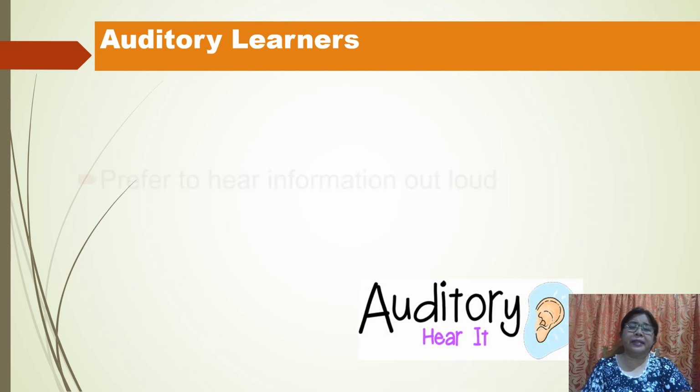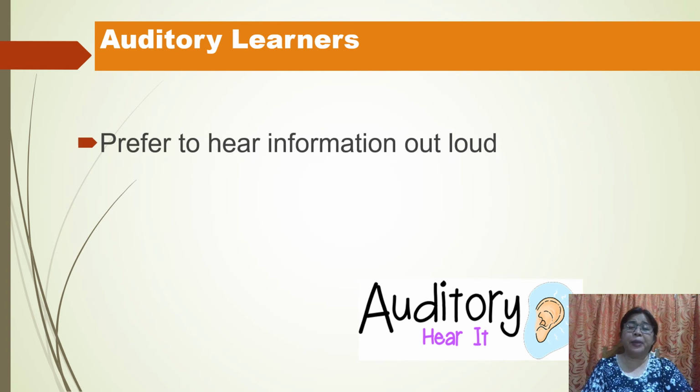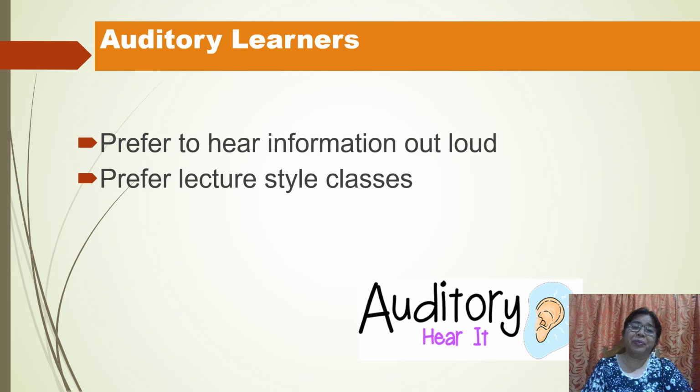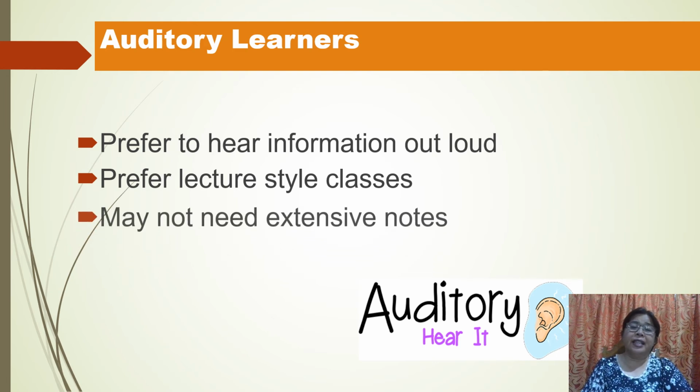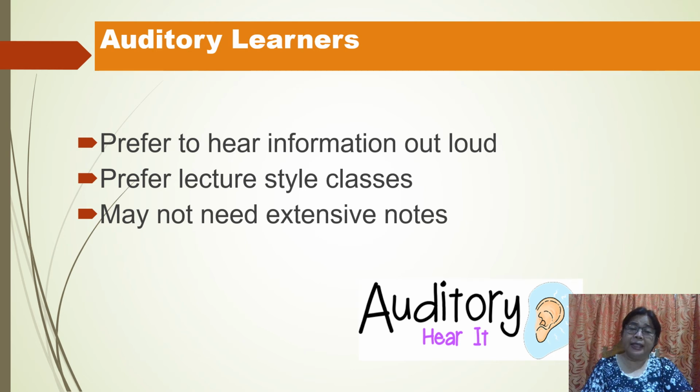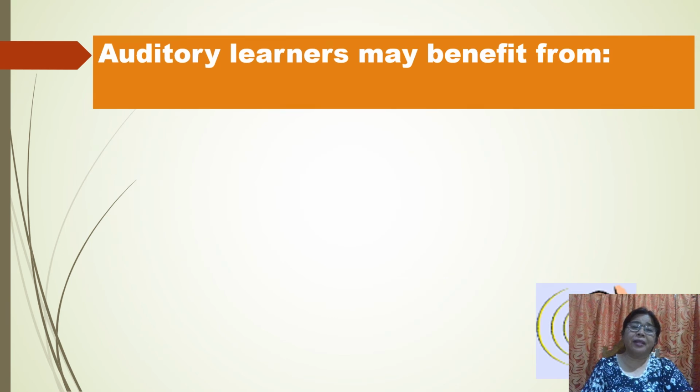While auditory learners prefer to hear information out loud. They prefer lecture style classes, and they may not need extensive notes. They may read aloud. So those are the characteristics of an auditory learner.